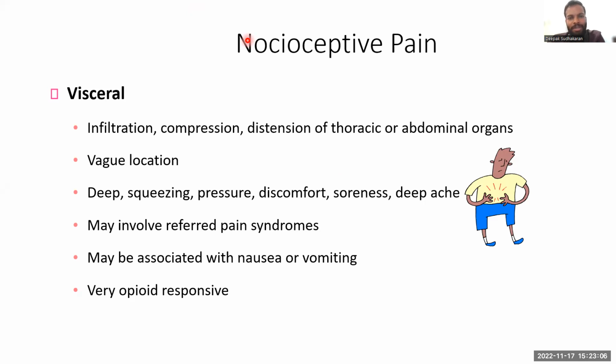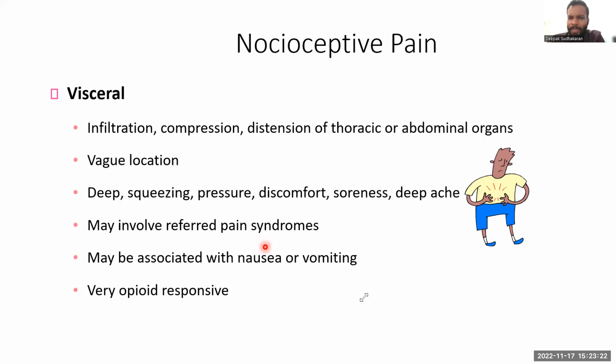So internal body pain. Visceral pain means it is something which is happening inside your system, amongst the organs. You're not exactly able to tell where it is or what exactly is happening.